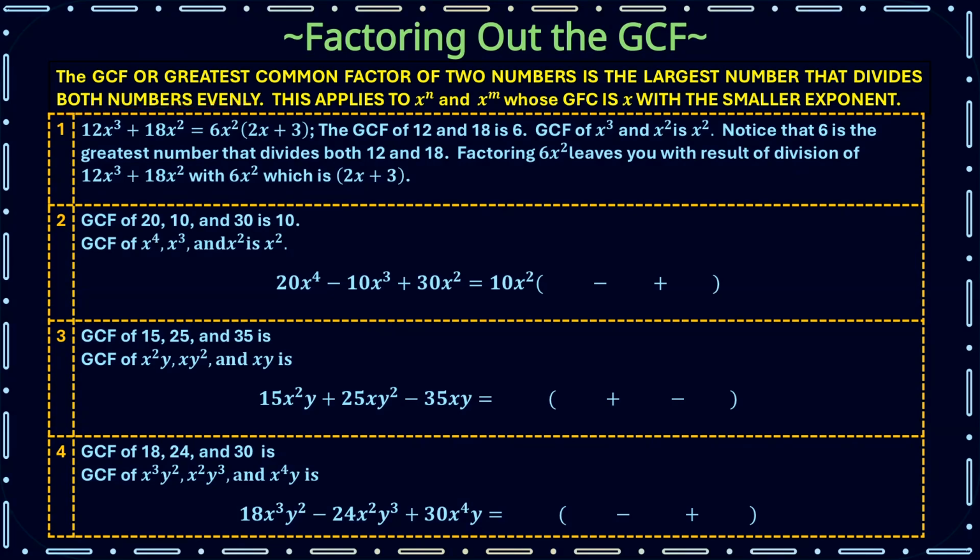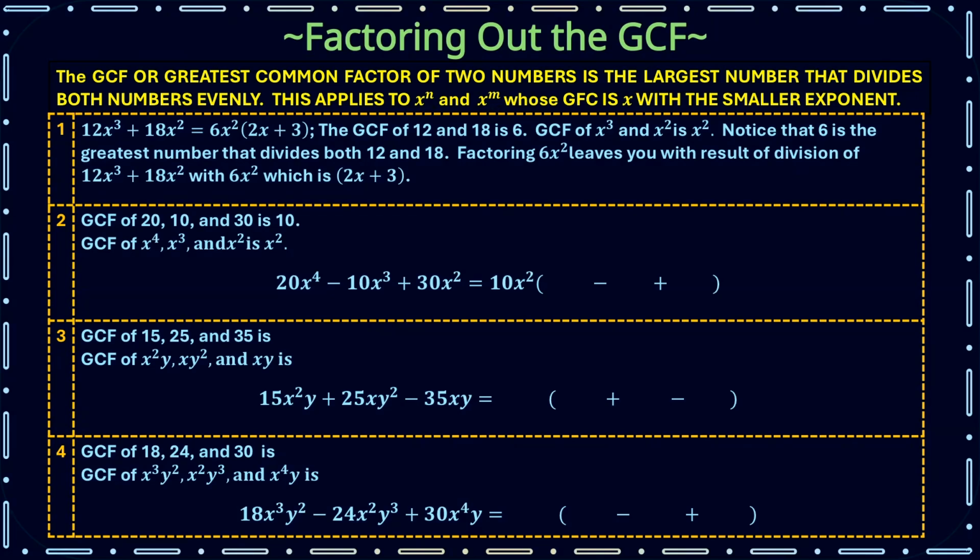This also applies to algebraic factors such as x to the n and x to the m, whose greatest common factor is x with the smaller exponent. For example, the GCF of x to the 4 and x squared is x squared, because x squared can evenly divide x to the 4 and itself, which is x squared.